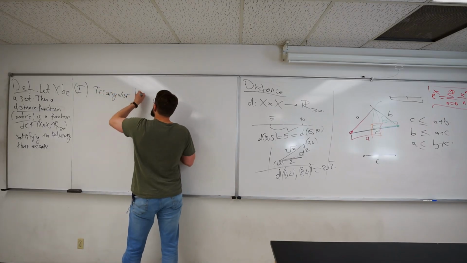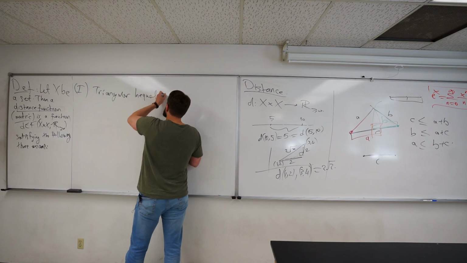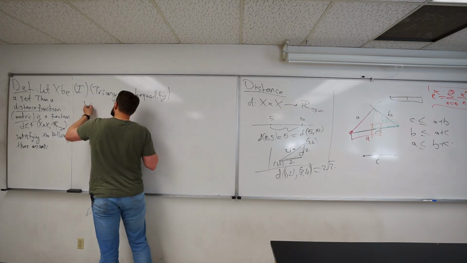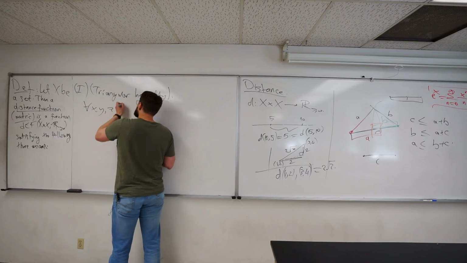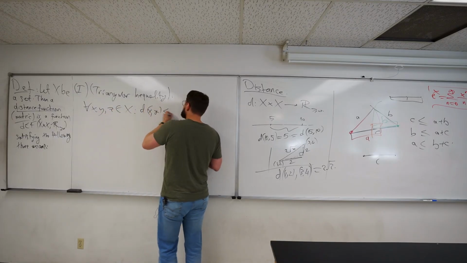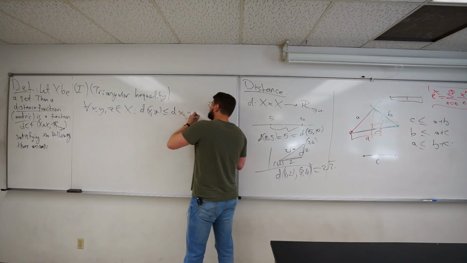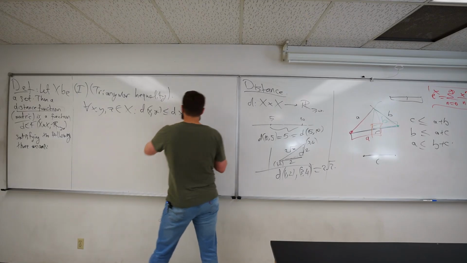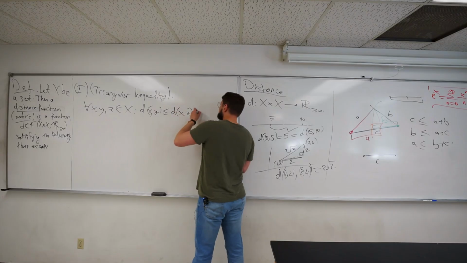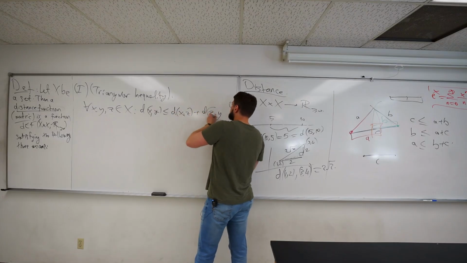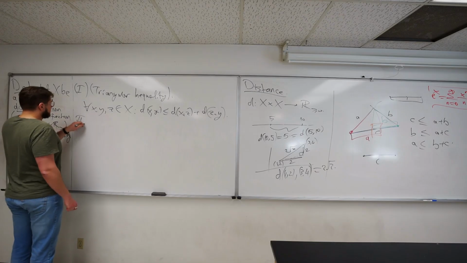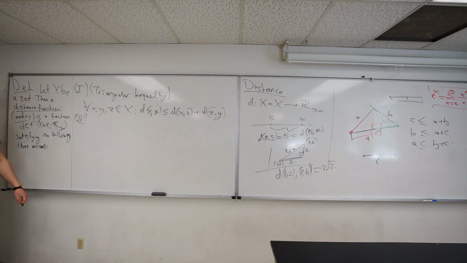Triangular inequality: for any x, y, z in X, distance between x and y is dominated by distance between x and z plus distance between z and y. That is the formal way of writing the triangular inequality.